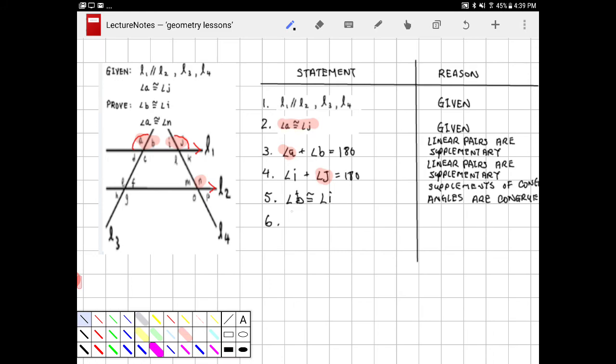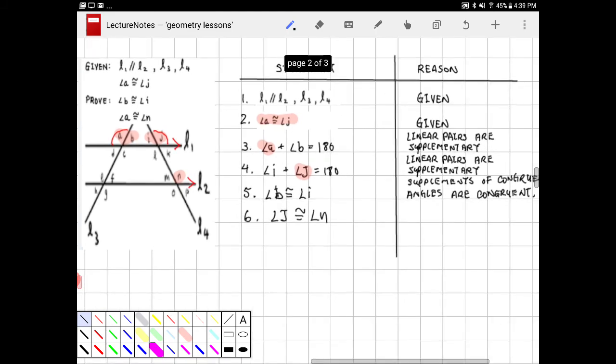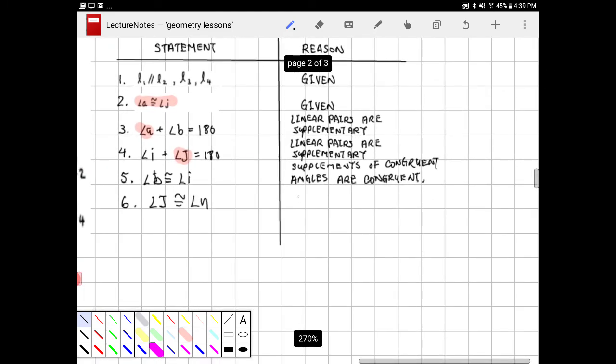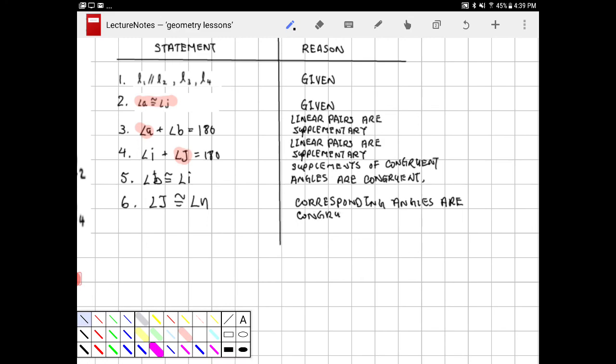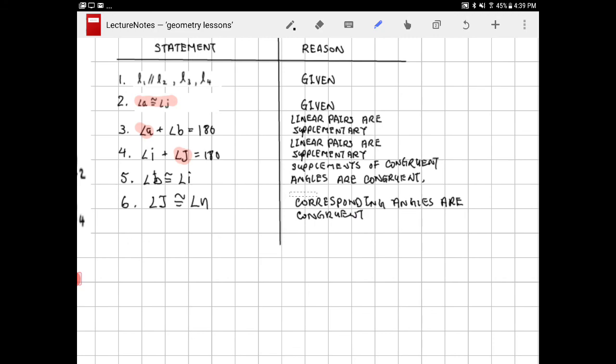So I know that angle J is congruent to angle N. And this is true because corresponding angles are congruent.